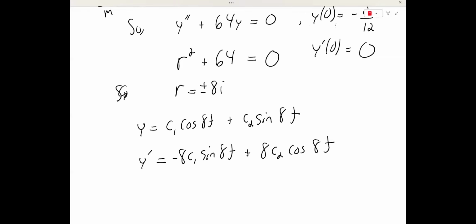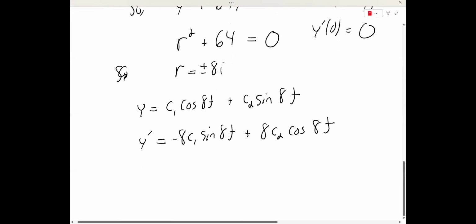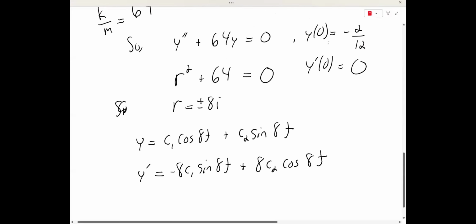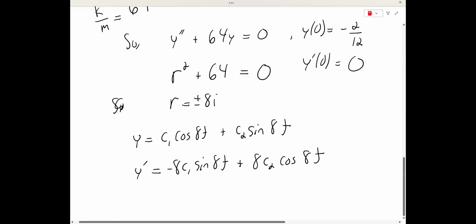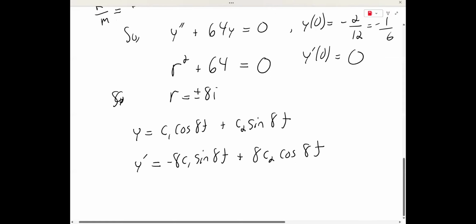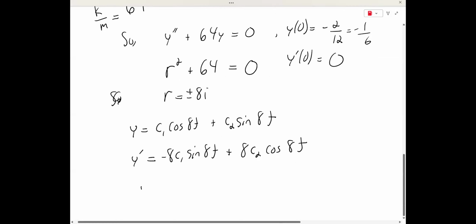So you got that here. Now apply the conditions. I know y of 0 is equal to negative 2 over 12, or I could say negative 1/6. So apply the initial conditions.